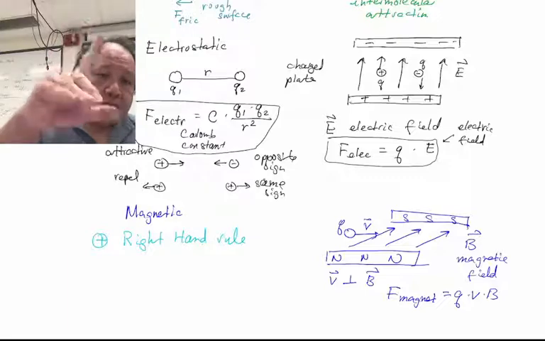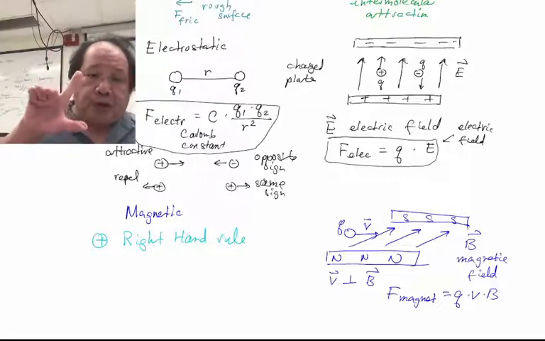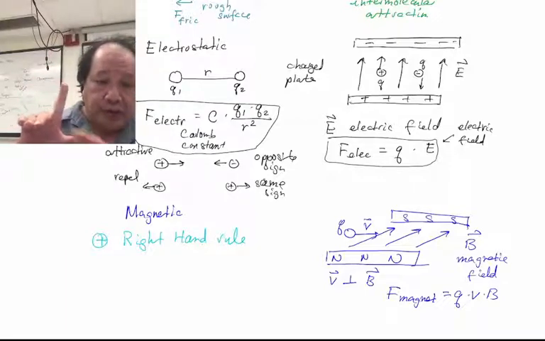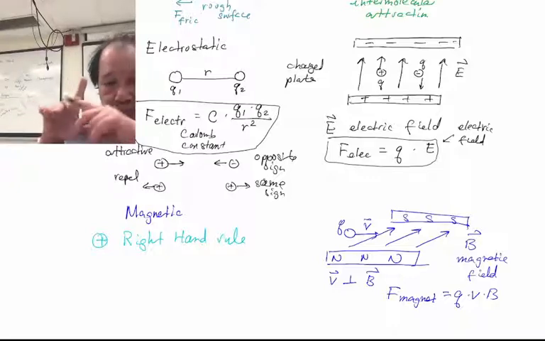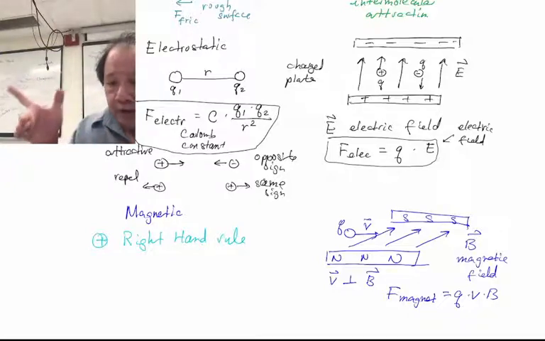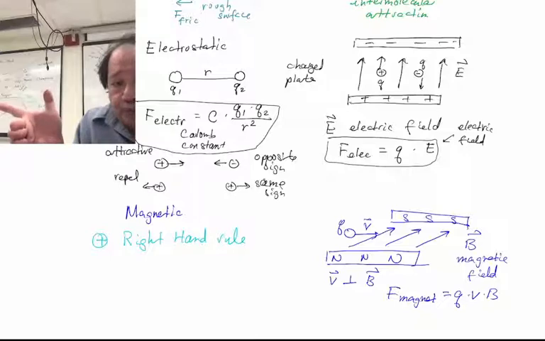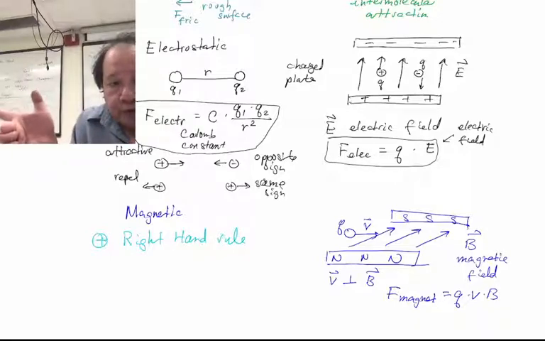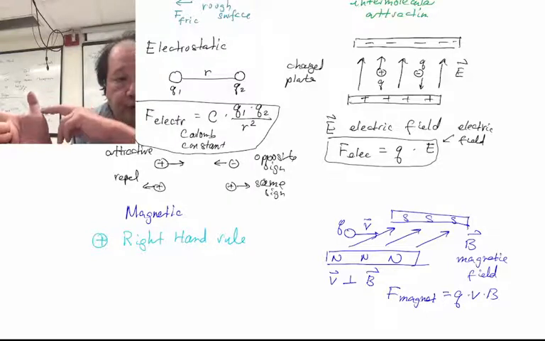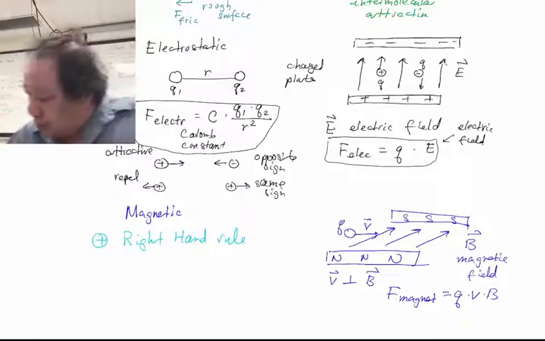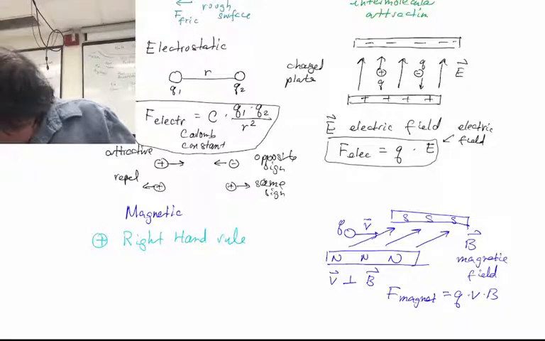They're all perpendicular to each other. I turn my three fingers in the field direction, which from my direction is like this. My forefinger now is pointing that way, in the direction of the velocity, and the magnetic force is pushing upwards. So if it's a plus charged particle, the magnetic force is upwards.